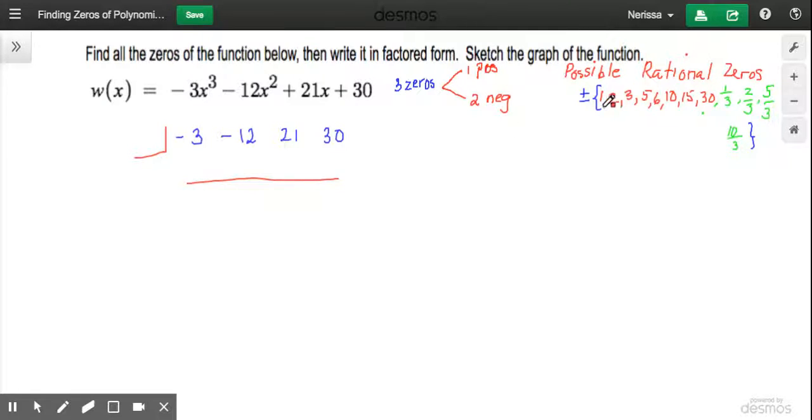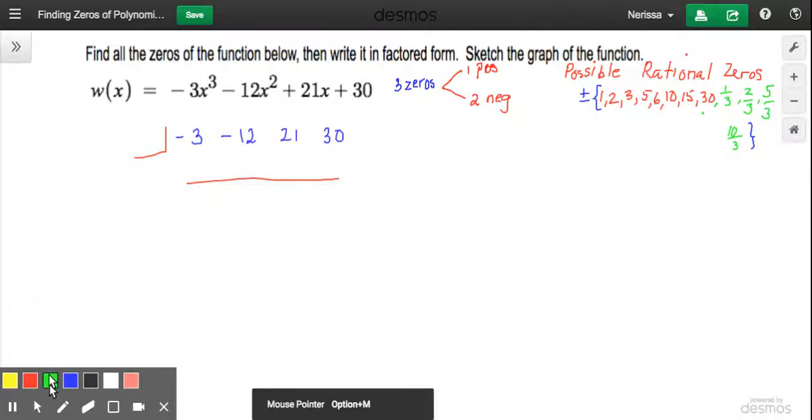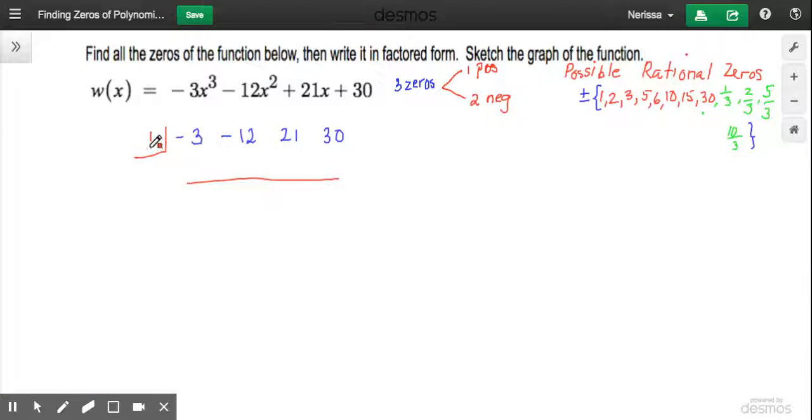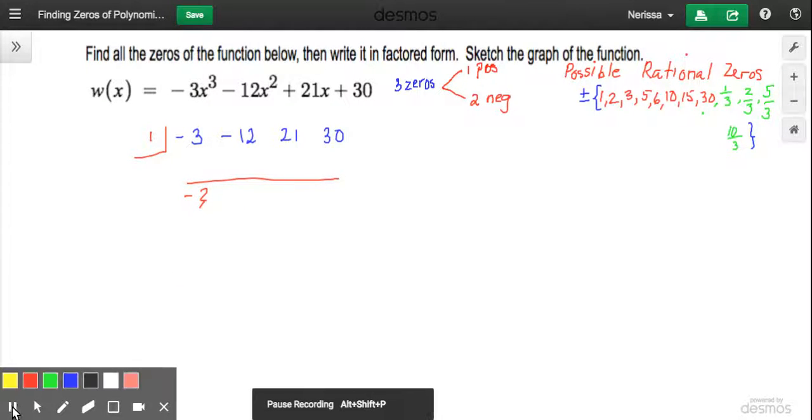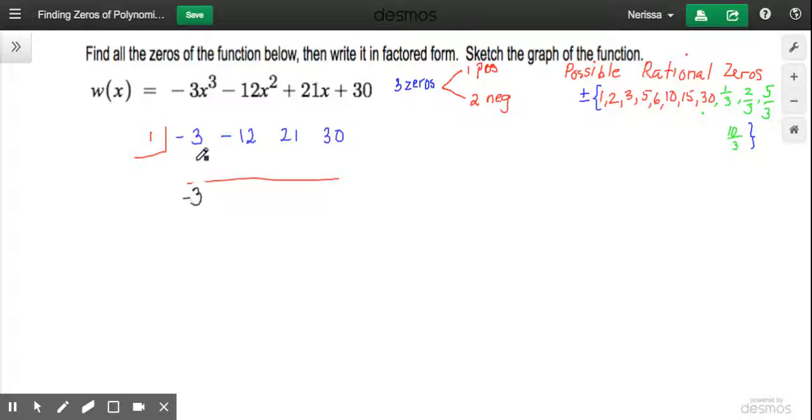All right, so we're going to start off with 1 because we don't know which ones of these are zeros. So start off with 1. See if it's going to work. So we bring down -3. -3 times 1 is -3.